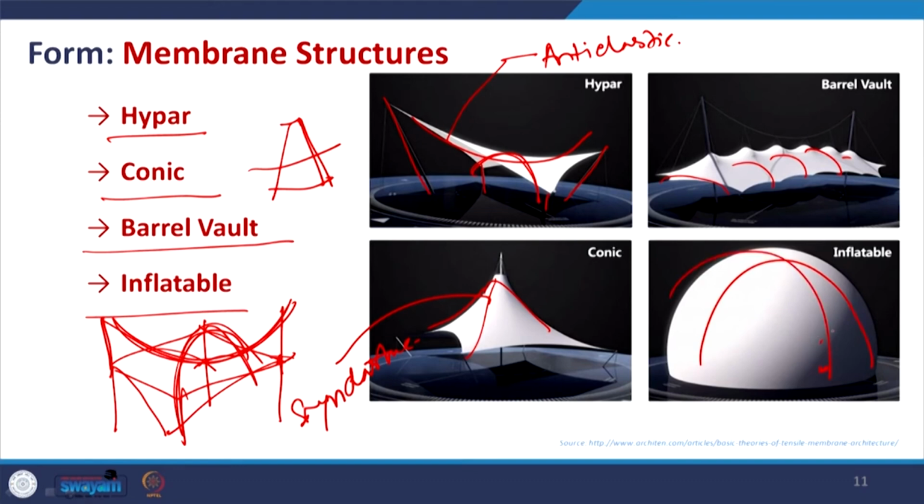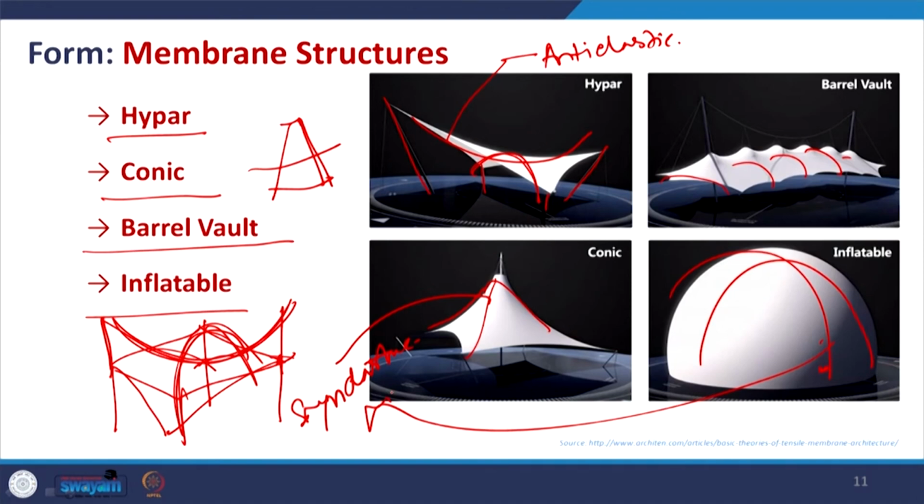So, again this is an example of your synclastic curvature, and mostly it is inflatable in terms because this is full of air. So, this form is being created through pressure difference. So, it is something like if you blow a balloon, then it will give a form, and that will balance the exterior pressure and the interior pressure, and that will get some stability.